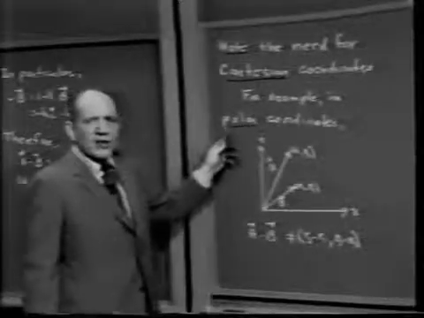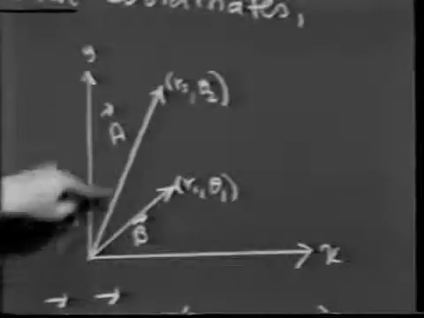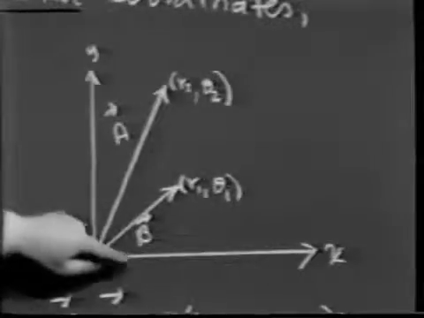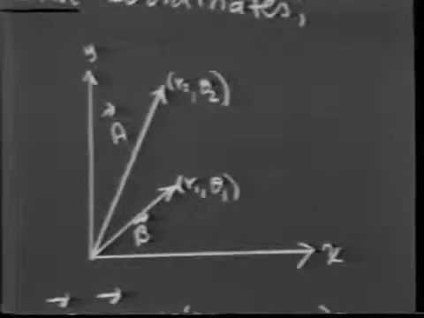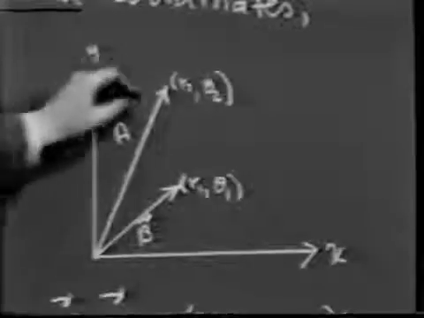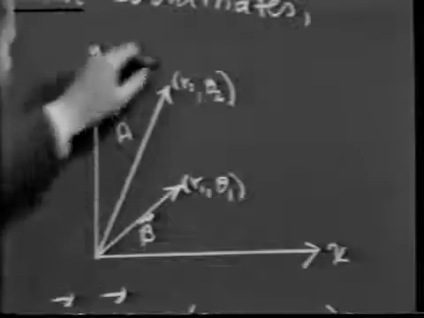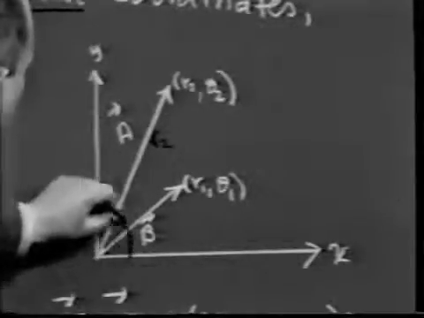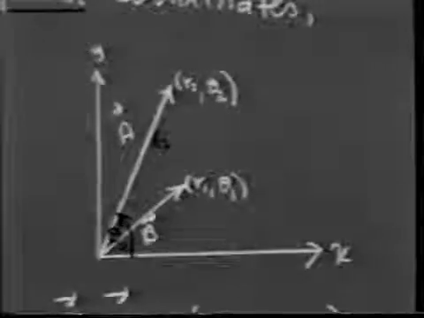Namely, in polar coordinates, the way you specify a vector in the plane is you specify its length, which we'll call r, and the angle that it makes with the positive x-axis, which we'll call theta. In other words, the vector a, which I've labeled r2 comma theta 2, indicates that the magnitude of a is r2, and that the angle that a makes with the positive x-axis is theta 2.